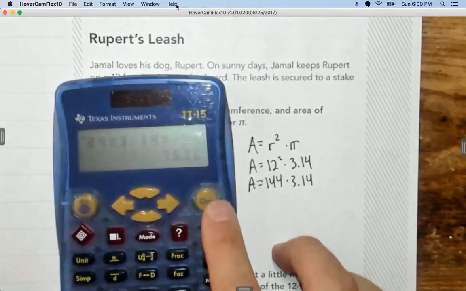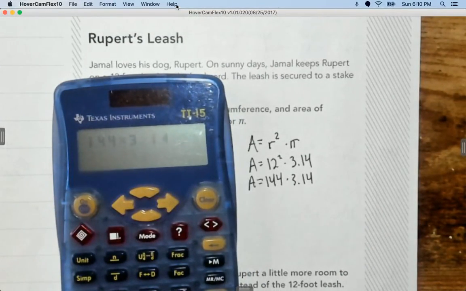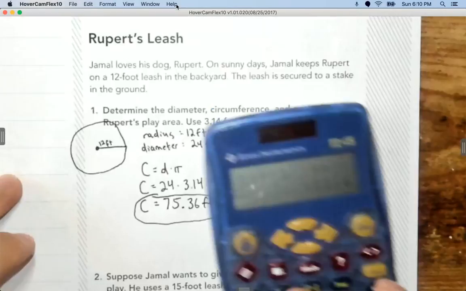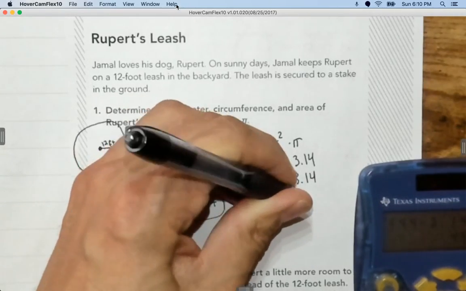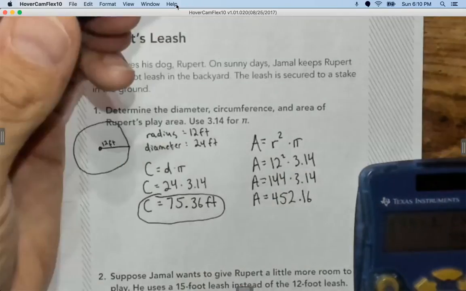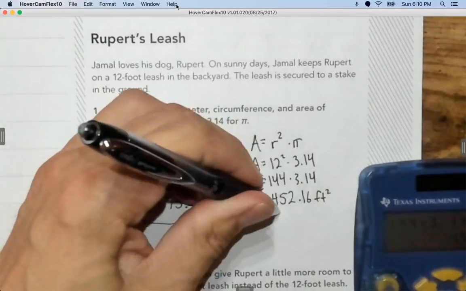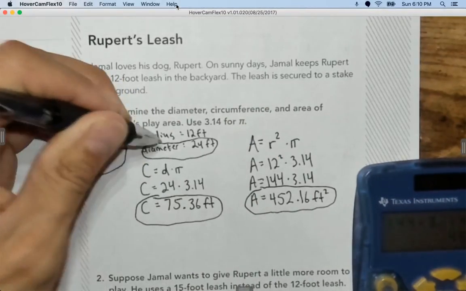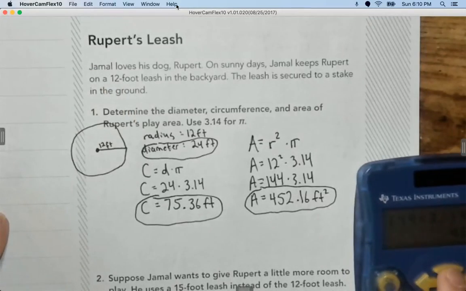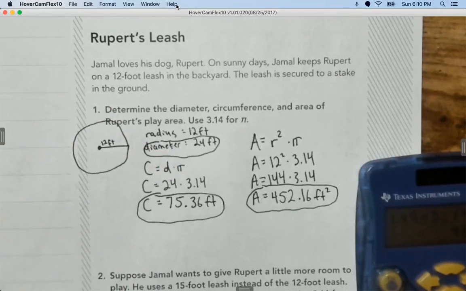If we type that in, that's an area of 452 and 16 hundredths feet squared, all of the stuff that he could conquer. Determine the diameter, circumference, and area of Rupert's play area. Use 3 and 14 hundredths for pi.